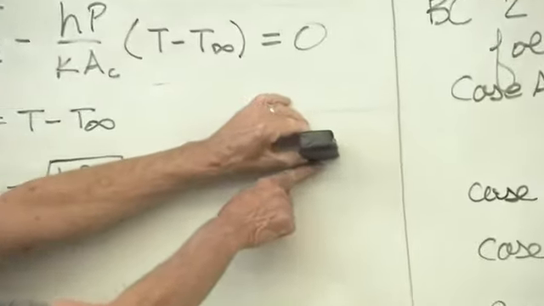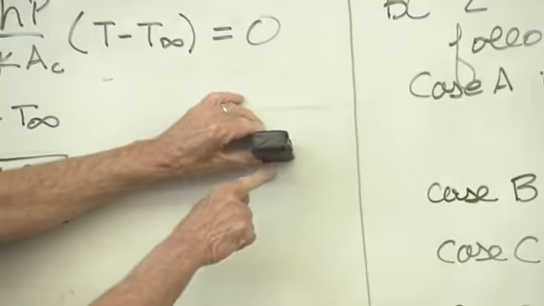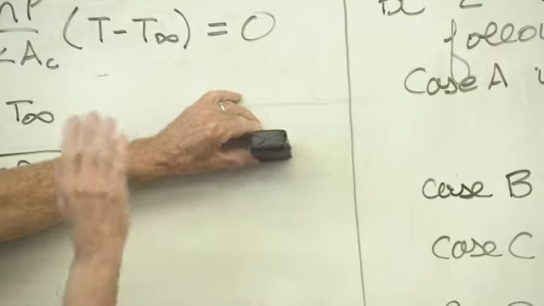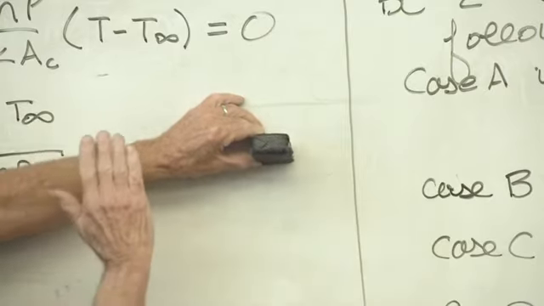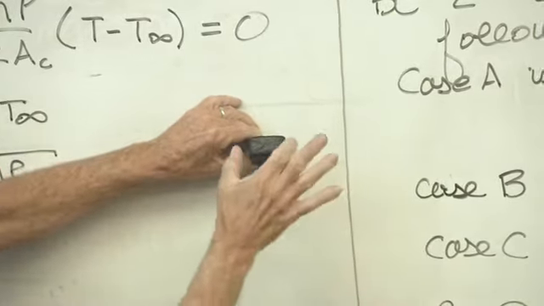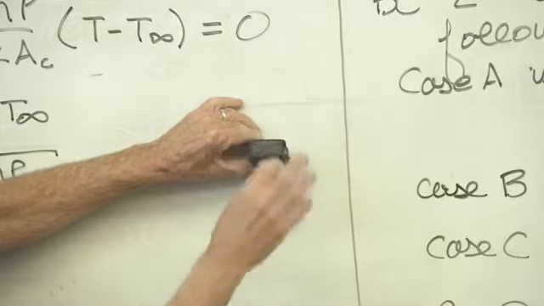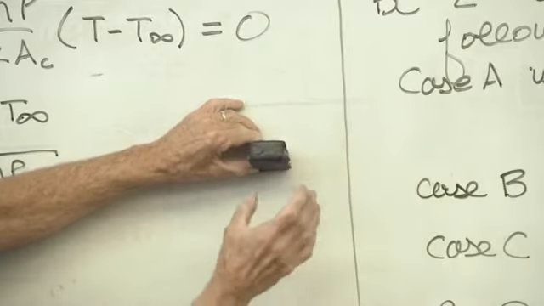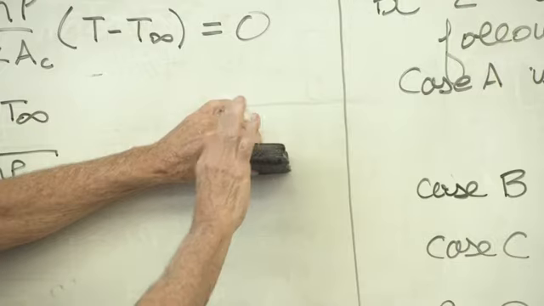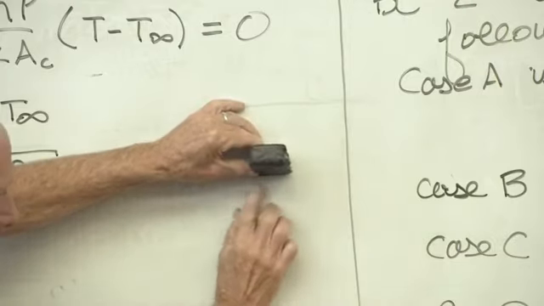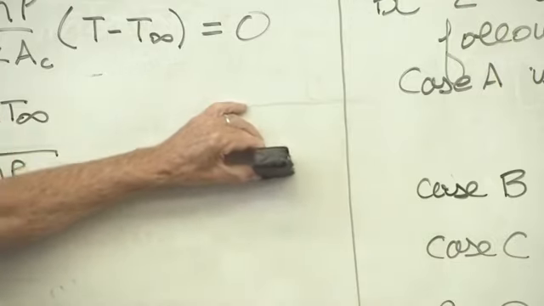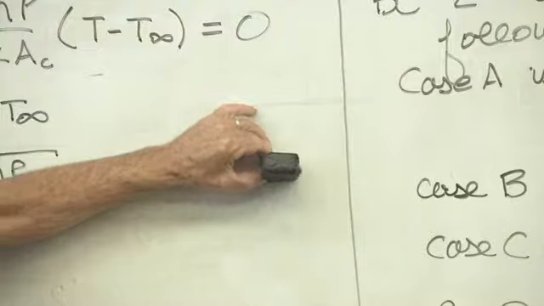This is the x direction, and here's x equal L. Slice the fin at a certain x. What's the area? W times T. Slice it halfway down. What's the area? W times T. Slice it close to the wall. What's the area? W times T. The area didn't change. It's a uniform cross-sectional area.